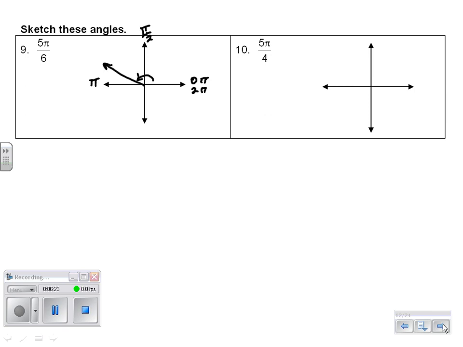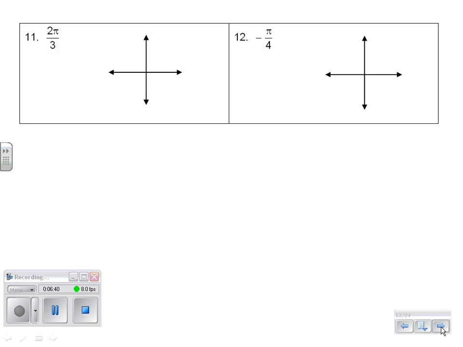There's our angle, 5 pi over 6. 5 pi over 4 is more than 1 pi, but less than 3/2 pi, so we go right there, halfway between. That's our 5 pi over 4. 2 pi over 3 is less than 1 pi but more than 1/2 pi. It's going to be about there, 2/3 pi. And then for negative pi over 4, we go in the negative direction and end up at negative pi over 4.